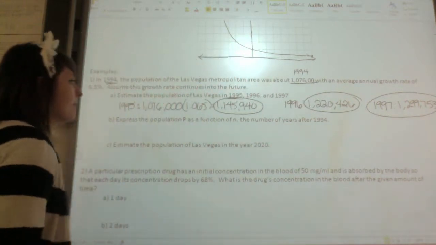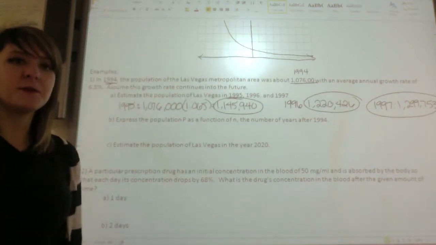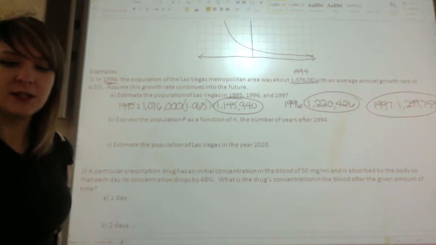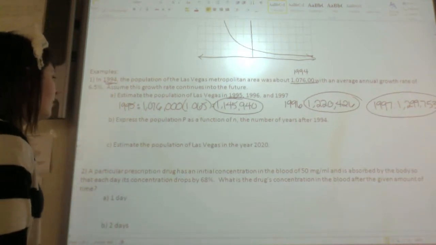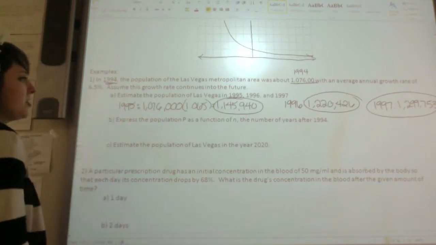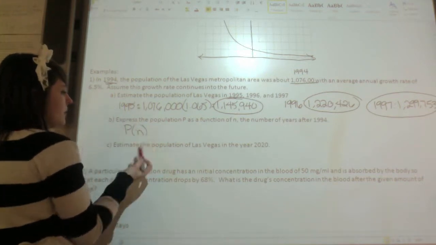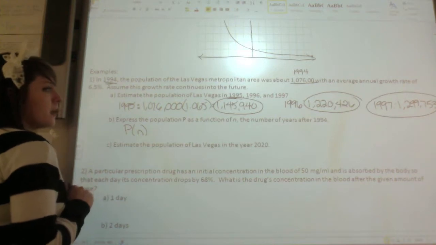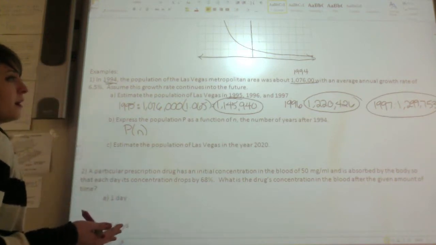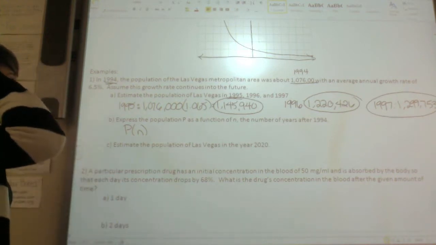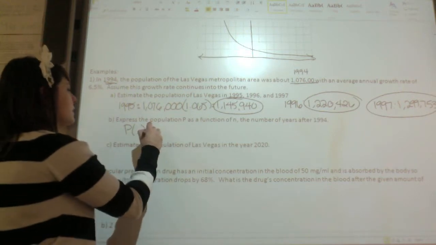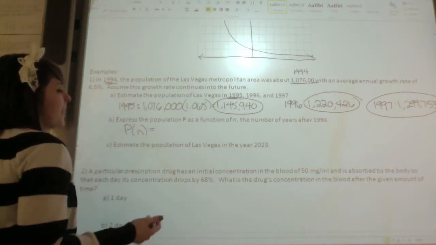Okay. So that's probably not the most efficient way to do this. So let's think about how we could possibly make a function for this. So let's express the population p as a function of n. So I've got p of n, where n is my independent variable, the number of years after 1994. So what I'm going to do is start with my a value.